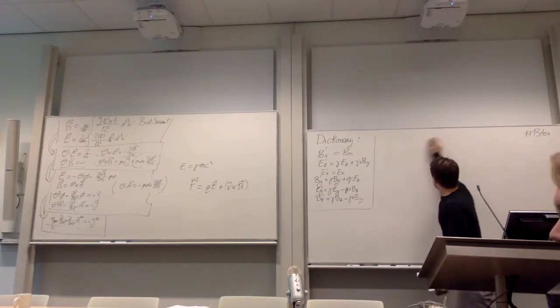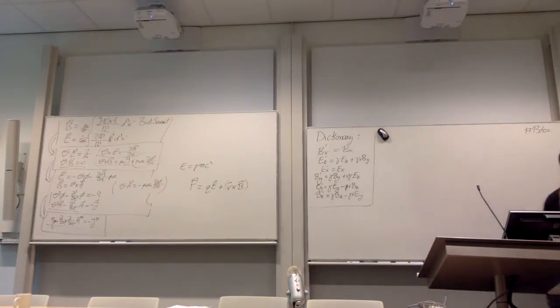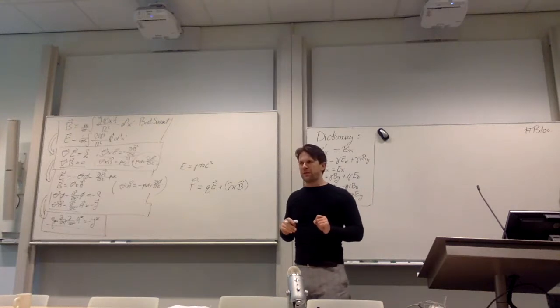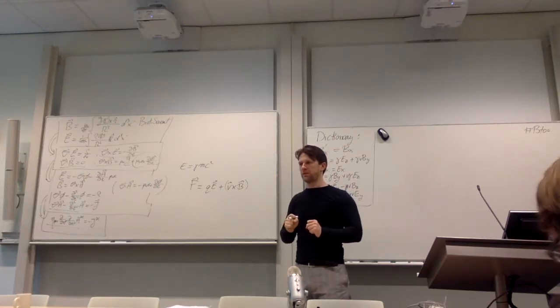Now, let me immediately say that the word tensor here is used somewhat differently than the word tensor in other contexts. A tensor, well, very hand-wavingly put, is this mathematical object that has not one index, but multiple ones.